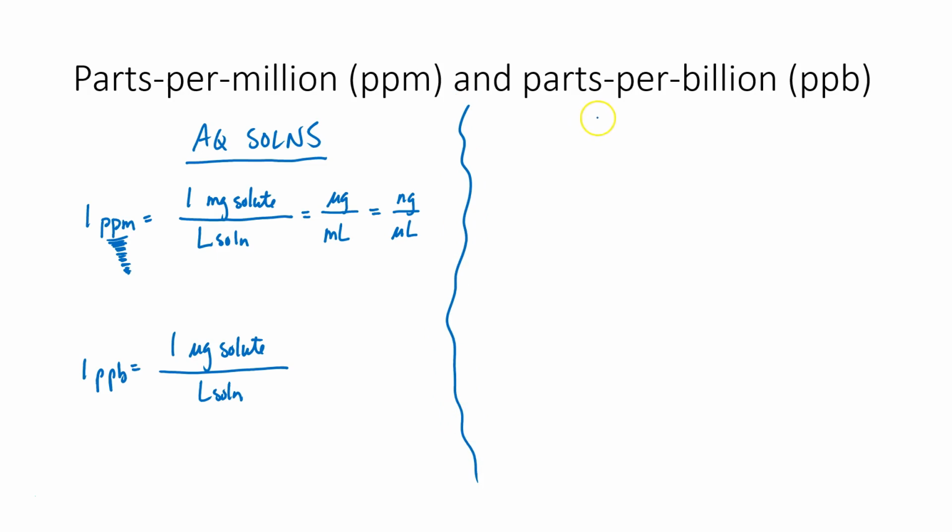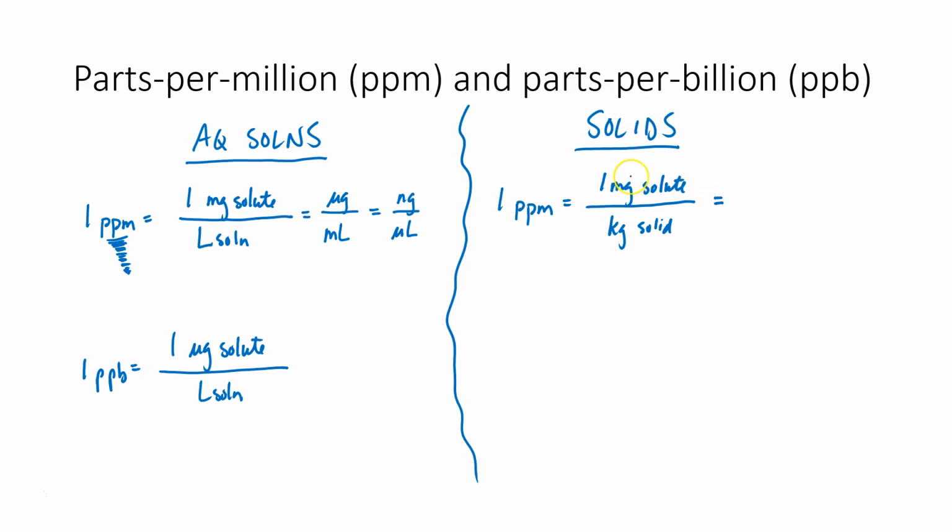What if we're talking about solids? And this may be more useful for when you're actually working in the lab. But a ppm, if we've got some solid sample, like a soil sample or a sediment sample, would be 1 milligram of solute for every kilogram of solid sample. Again, whether that's soil, sediment, or whatever.